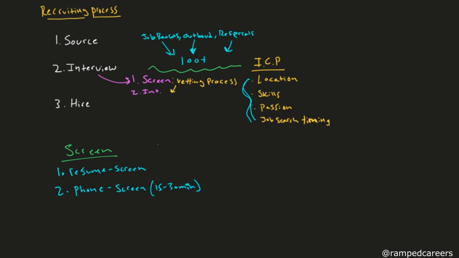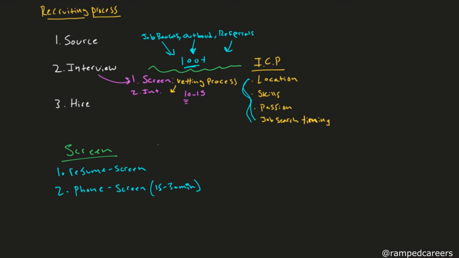Typically, we can put some numbers to this. You might have 100 candidates enter the sourcing pool. And by the time they go through the screen, you might be left with, call it, 10 to 15 candidates. Typically it's closer to the 10 range that you're going to pass on to talk to in that phone screen.